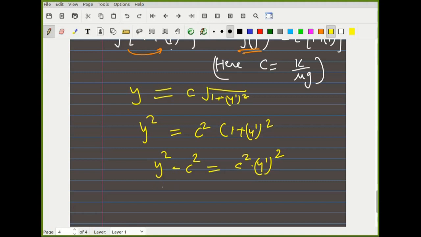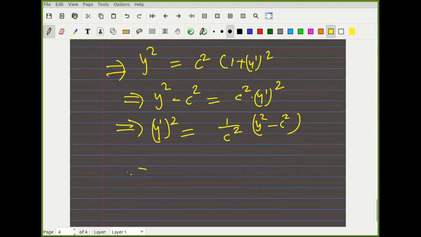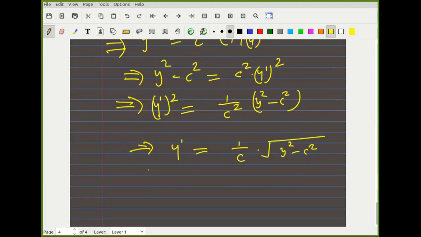So this implies, I'm sorry, I'm sloppy in writing this, y dash square equals 1 by c square times (y square minus c square), which means y dash alone is just 1 by c root of (y square minus c square). Now just separate the variables and integrate.